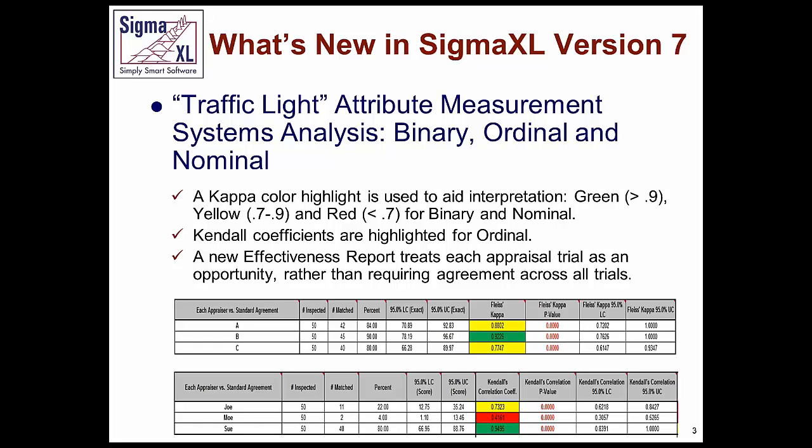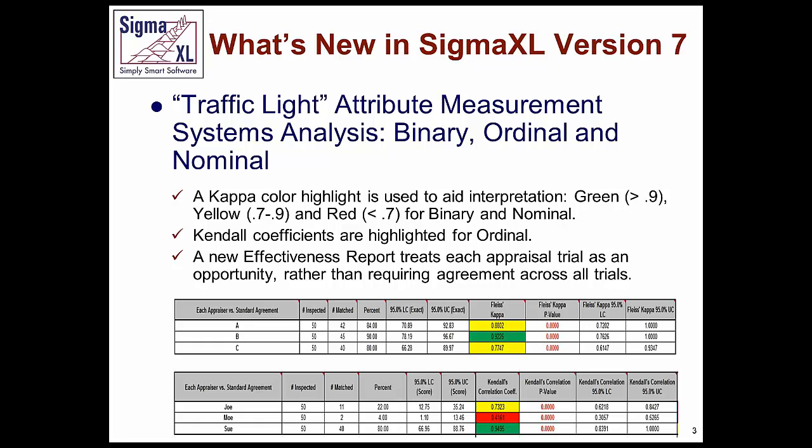So in the binary and nominal, the focus is on kappa. And for ordinal, we have highlights on Kendall's correlation. So again, green light means good agreement, yellow light means barely acceptable, and a red highlight means that there's a problem and corrective action is needed.